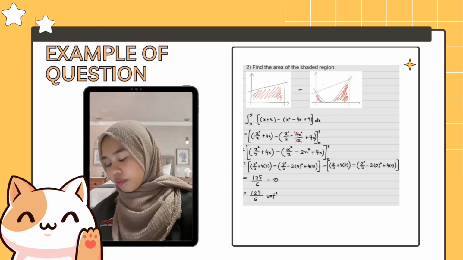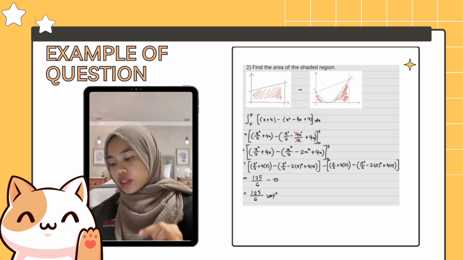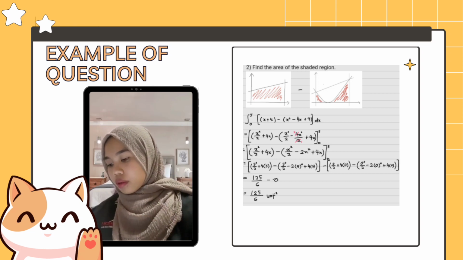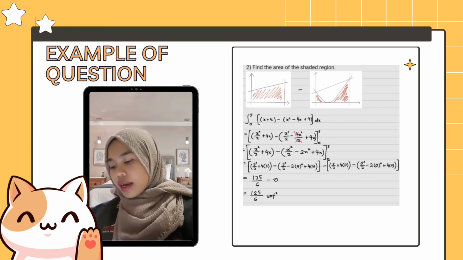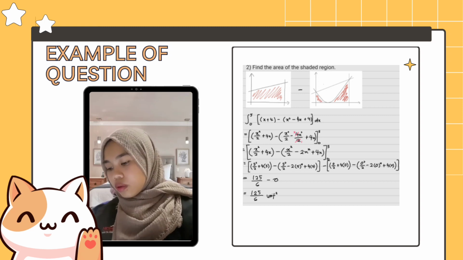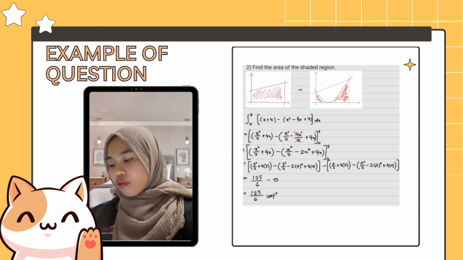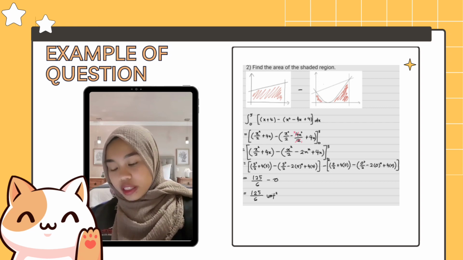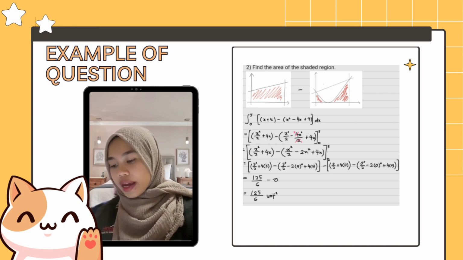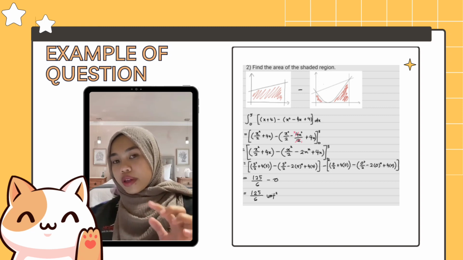So the integral with limits 0 to 5 of (x + 4) minus (x^2 - 4x + 4) dx. So we do the integration: x^2/2 + 4x minus (x^3/3 - 4x^2/2 + 4x), with limits 5 and 0.